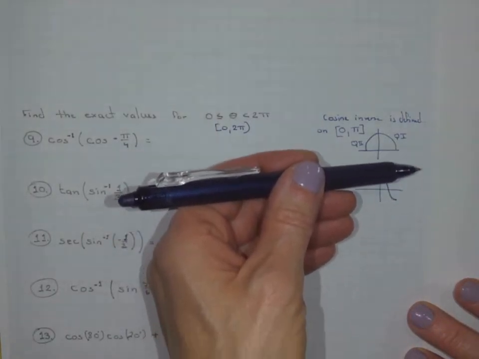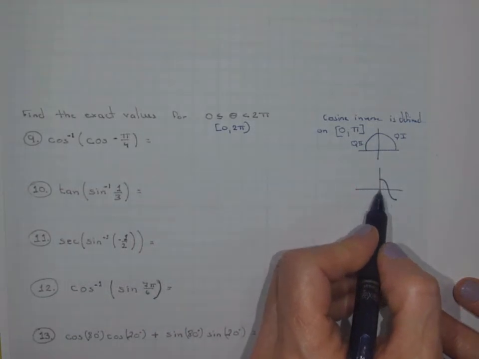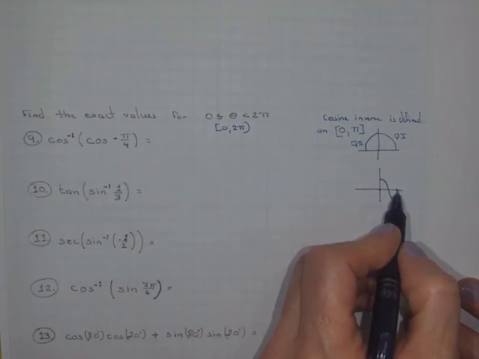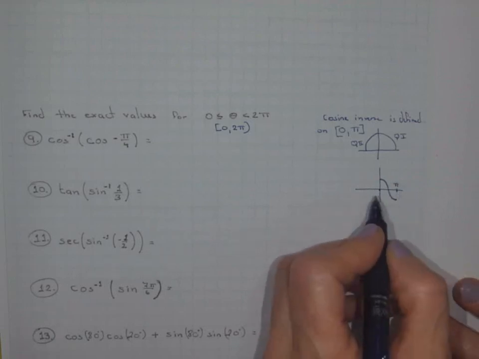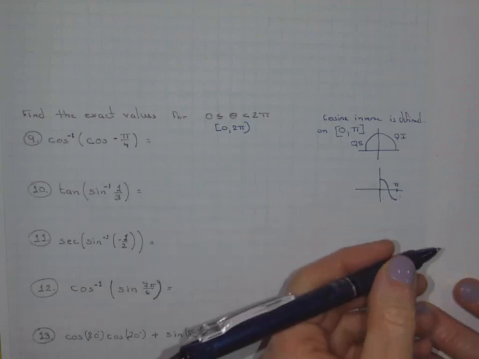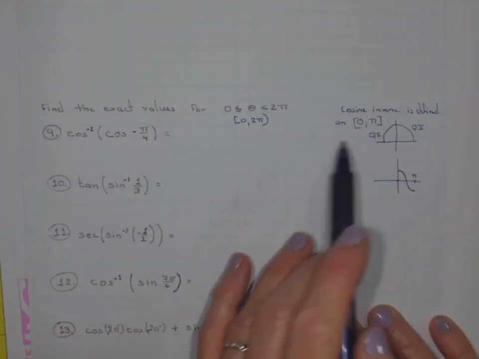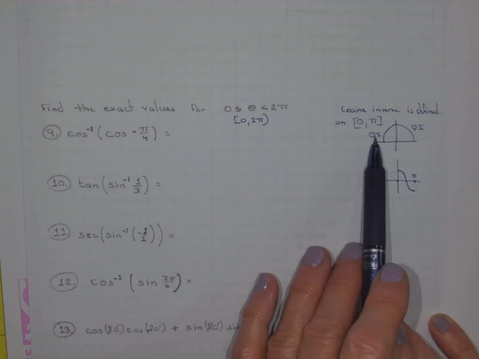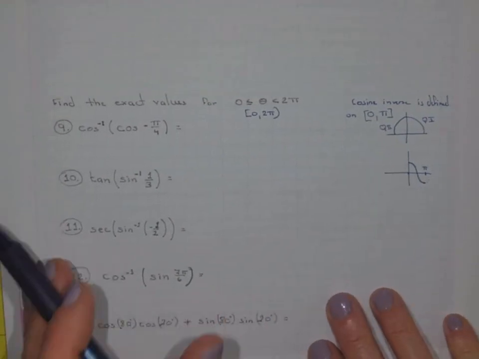It has to pass the horizontal line test, if you remember that from your algebra. Then we would have to start here at 0 and go all the way here to pi, because after that our function will start repeating, right? And then we wouldn't pass the horizontal line test anymore. Okay, so that's it. We have just to remember cosine inverse, we're in quadrant 1 and 2 only. So we have a little restriction in our domain here.